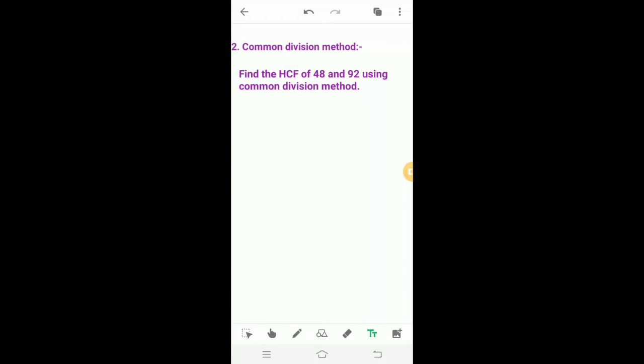Let's learn the second method, common division method. In this method, we find the HCF of the given numbers by dividing them together by their common factors. Then we multiply the common factors to get the HCF of the given numbers. For example, find the HCF of 48 and 92 using common division method. Here, first we have to write the numbers together separated by commas.